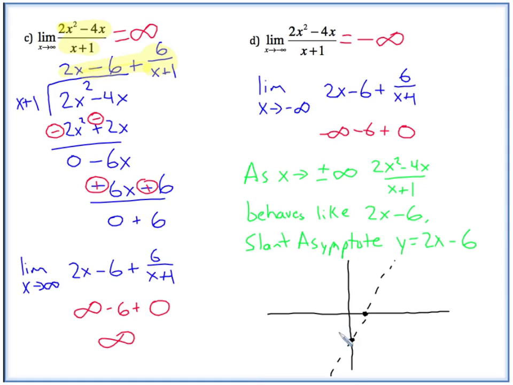And this function, if we were to graph it, actually looks like this. Not very exact with our max and mins, but the end behavior, this would start following this line right here and right here. So that's how you deal with infinite limits at infinity and finding slant asymptotes.